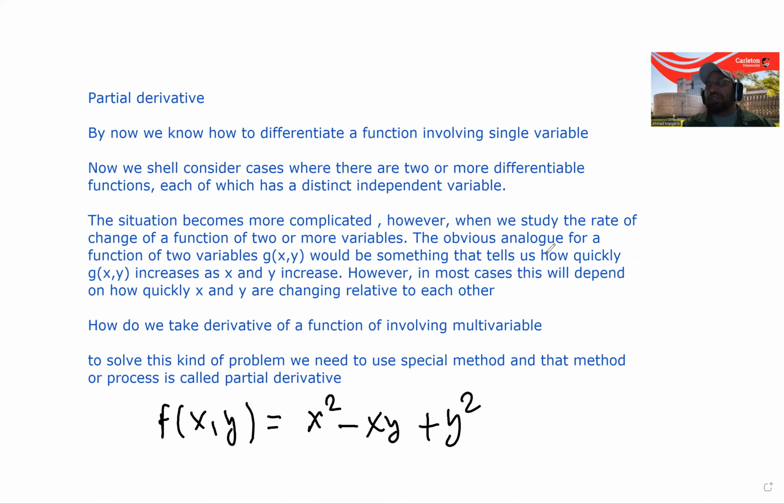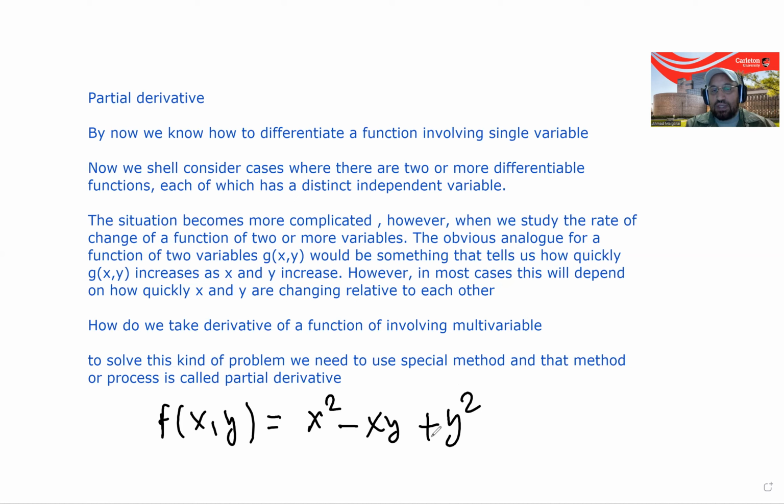In most cases, this will depend on how quickly x and y are changing relative to each other. So how do we take the derivative of a function involving multiple variables, like in this example?